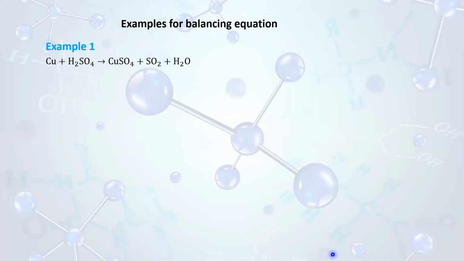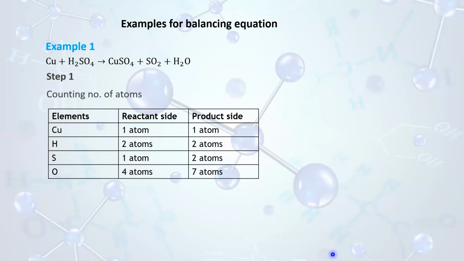For convenience, we can make a table of 3 columns. In the first column, we have elements. In the second, we have reactants. And on the third column, products. See, this is how we have to make the table.